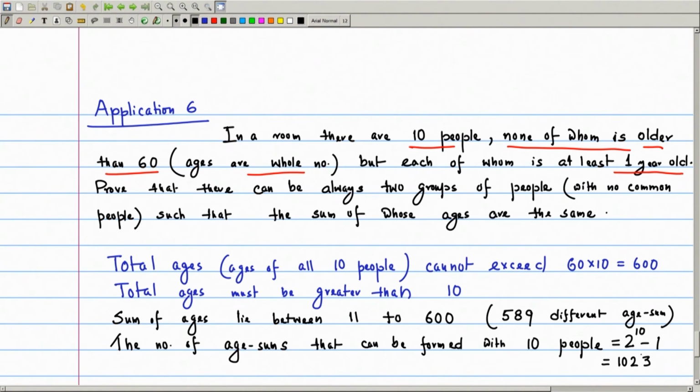So, now I can apply the pigeonhole principle.